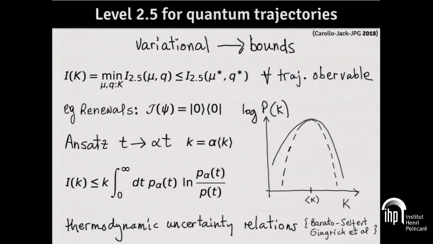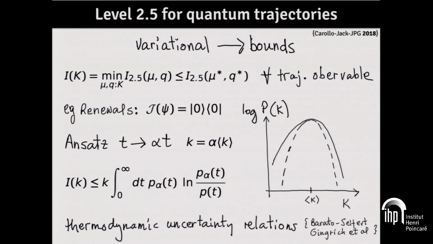And what those bounds are, if that's the true probability, the rate function is minus this one. So those bounds are like the dotted line. They are bounds that say that the fluctuations of the true process are always larger than those of the bounds. So fluctuations are always bounded from below.